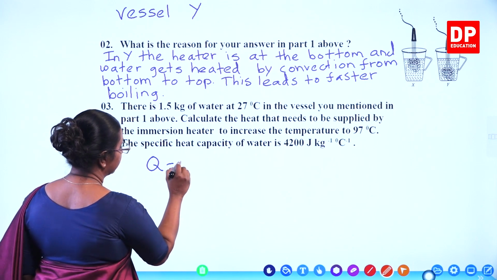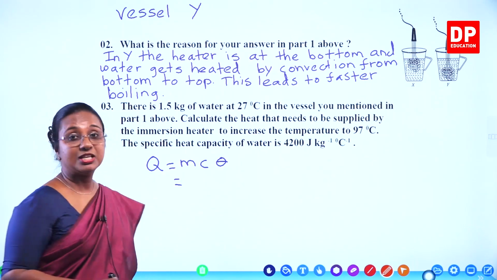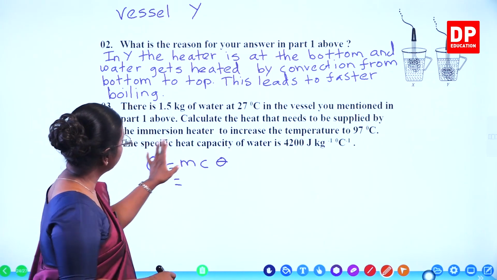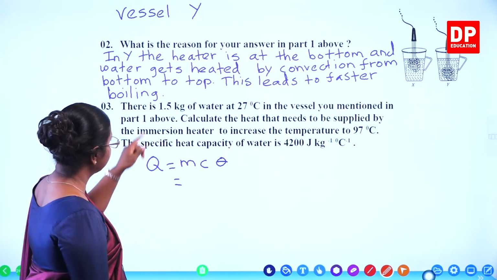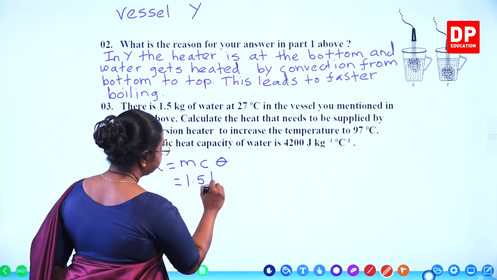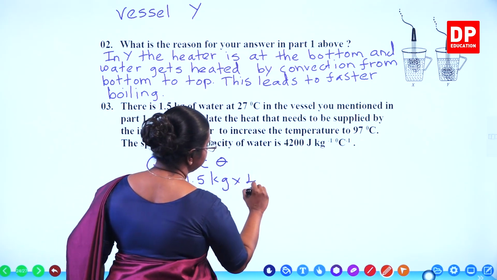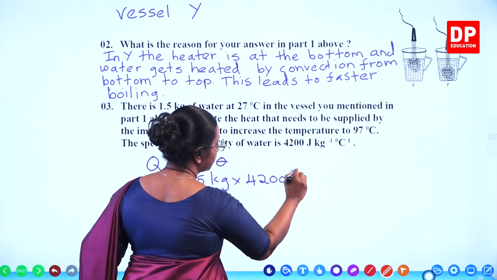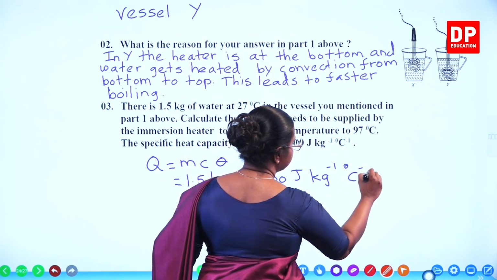Heat is Q, that is equal to mc theta. We have done many calculations similar to this. Heat that needs to be provided to water is equal to mc theta. What is m? Mass of water, that is 1.5 kilogram. What is the specific heat capacity? 4200 joules per kilogram per degrees Celsius.